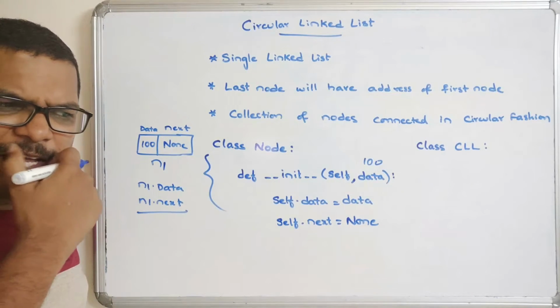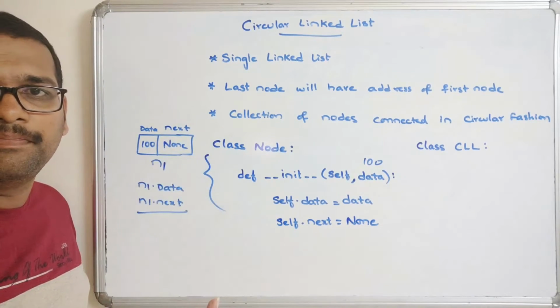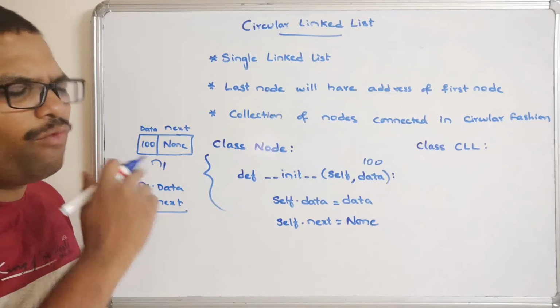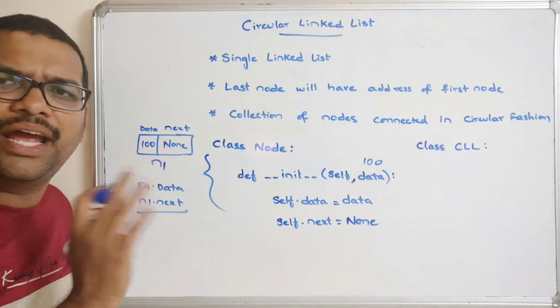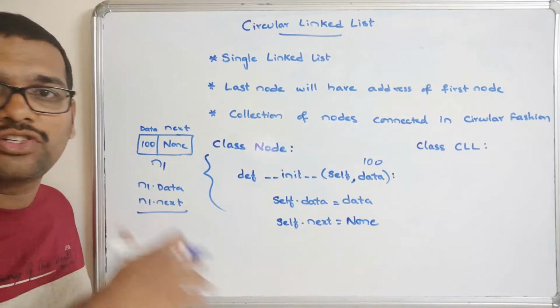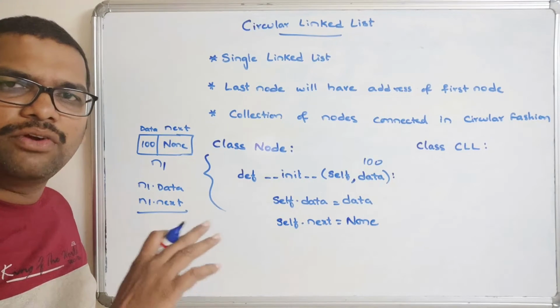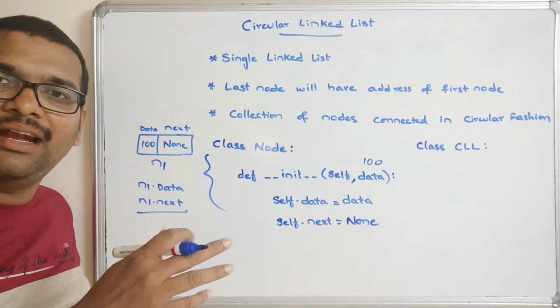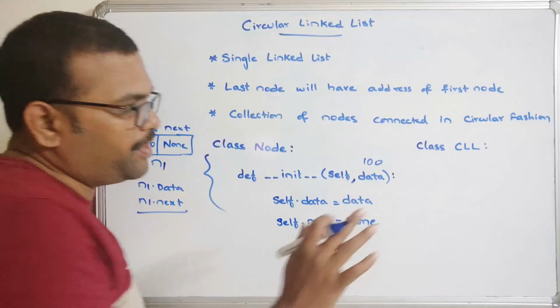Usually the head and tail will be the same. Without the tail also we can implement it, but in order to avoid confusion, we'll just go with head and tail. It would be very simple, right?